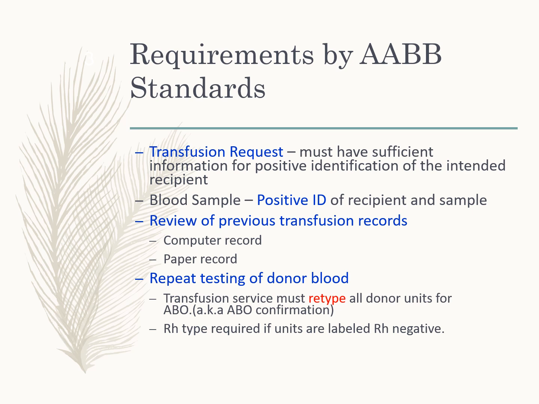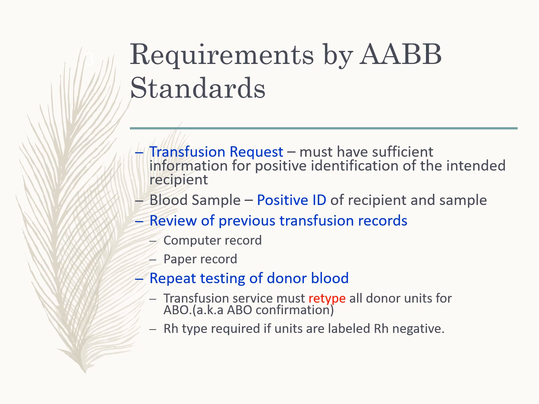You also must review your previous transfusion records. So most hospitals will have a computer record. Some reference labs may have a computer or a paper record or a mix of both, but you want to try to find any relevant information, like if this patient has had antibodies in the past. In addition to those items, the donor blood also must be retyped by the transfusion service.